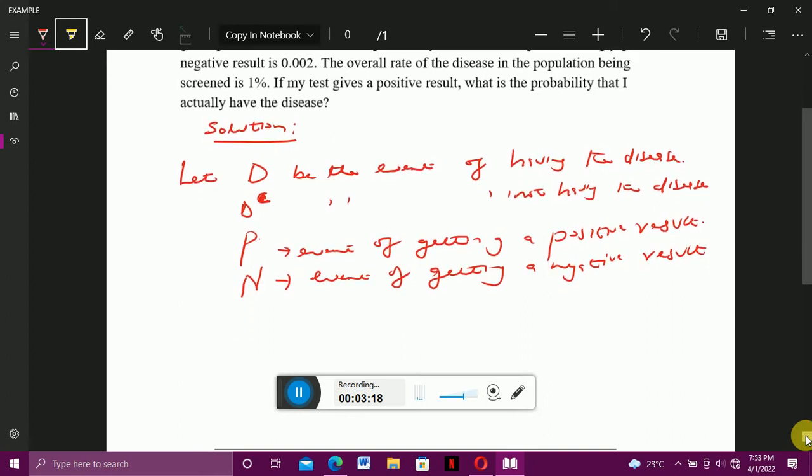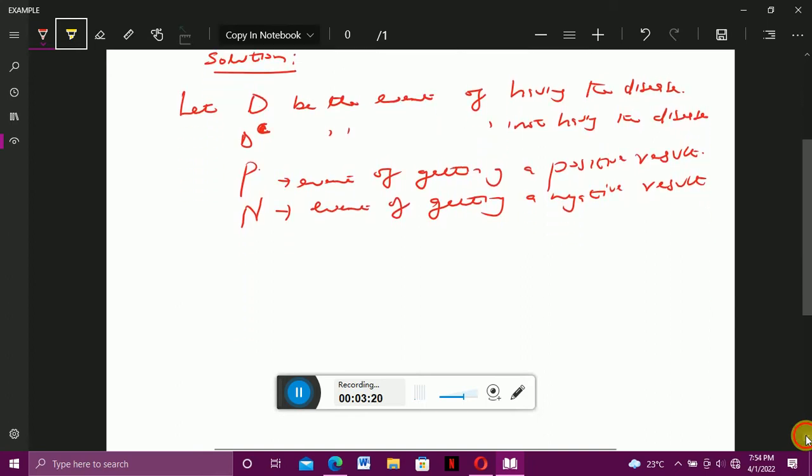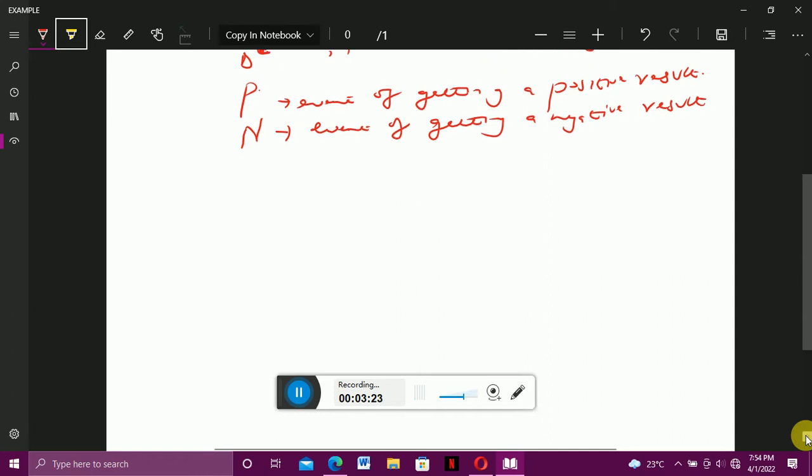So first of all, we're saying that we have a set of mutually exclusive and exhaustive events. We could illustrate this in a diagram. We have the event of having the disease, the event of not having the disease.